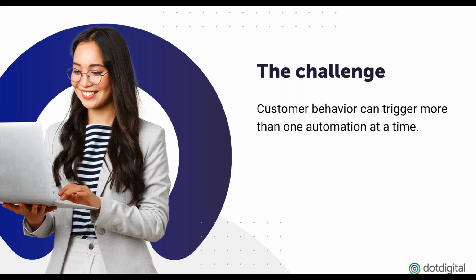For example, signing up, becoming a new subscriber, then abandoning a cart and having their birthday all on the same day. That's an extreme example, of course, but the point stands. You don't want to bombard your customer with multiple emails. That's a one-way ticket to the unsubscribe button, and you've lost the lead you've spent time and money acquiring.